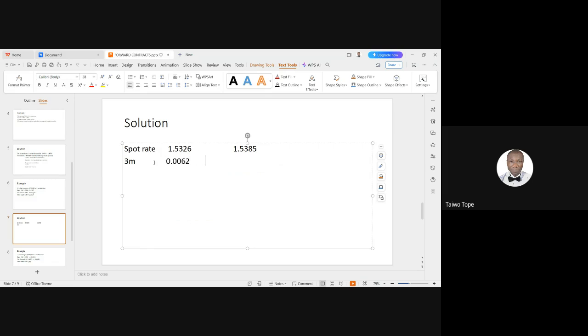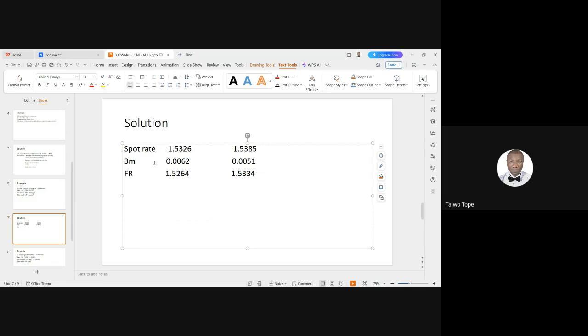The 3 month forward points are 0.0062 and 0.0051. So the forward rate will now be, when you subtract, 1.5264 and 1.5334.